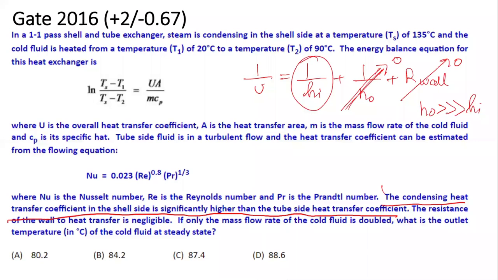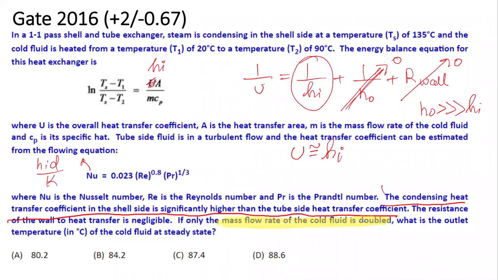So what we are left with is U is approximately equal to H I. So instead of U over here, I will write H I. The next step that I know is Nusselt number is this, H I d by K, times this. Now in this problem we are only interested in what happens when we change the mass flow rate, highlighted over here in blue. So what happens when mass flow rate changes?